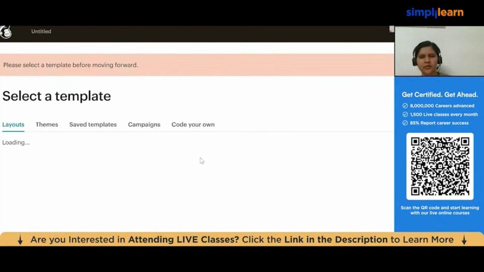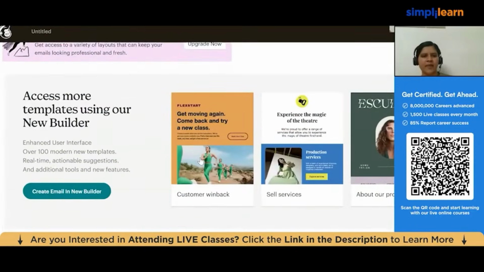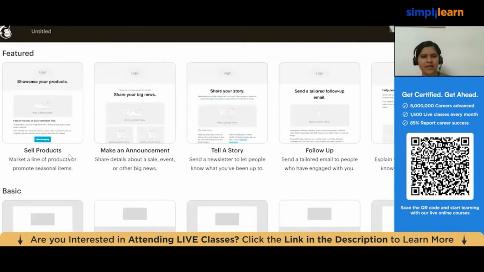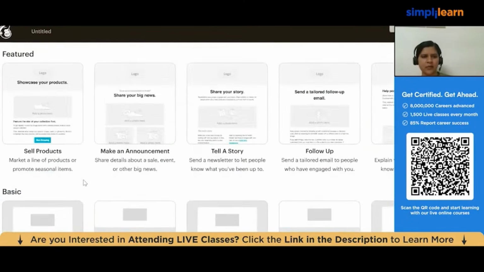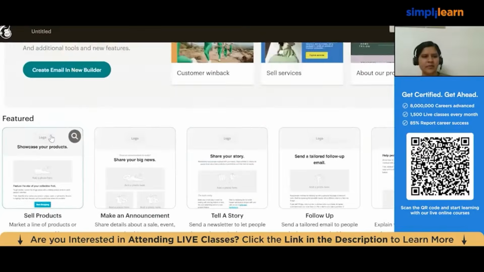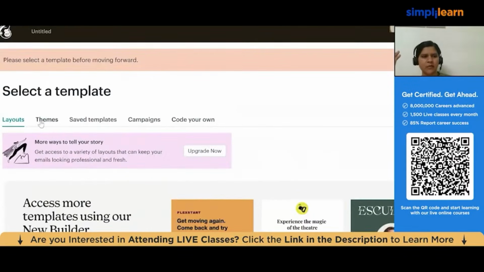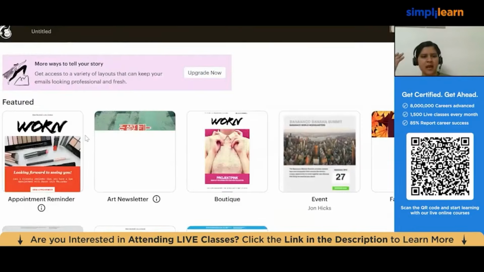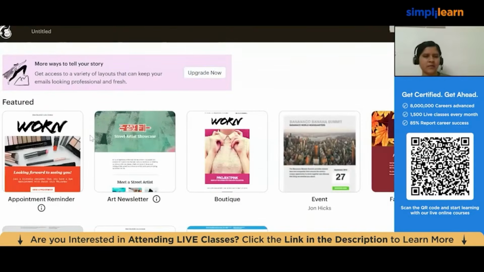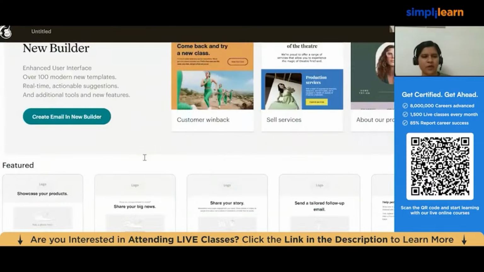Now again because I'm using the free version, I won't get a lot of templates. Okay, I just have some basic templates that I could use, so I'll just use the basic one. There are a lot of premium templates as well. There are a lot of different themes as well, but as I mentioned, they come on the premium side of the platform, so I won't do that.